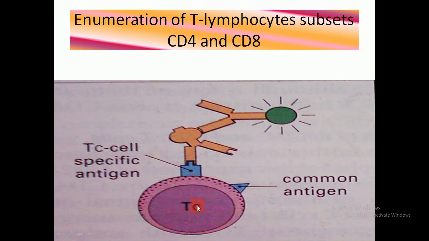And this is the T cytotoxic cell, and as you know, on its cell surface it presents the marker CD8, and we add to it monoclonal antibodies against the CD8, and then we add the conjugate, which consists of antibodies coupled with a fluorescent material, and this will also give us an apple green fluorescence on the cell surface of the T lymphocyte.